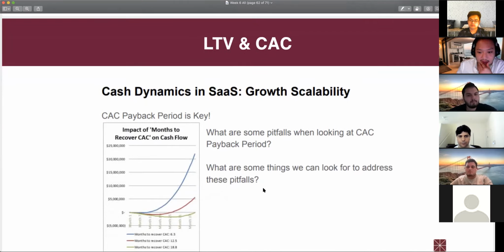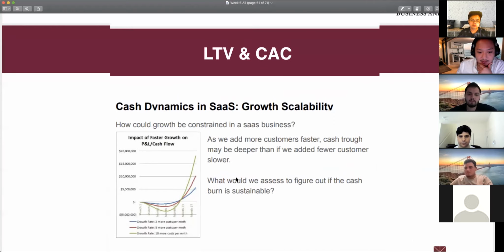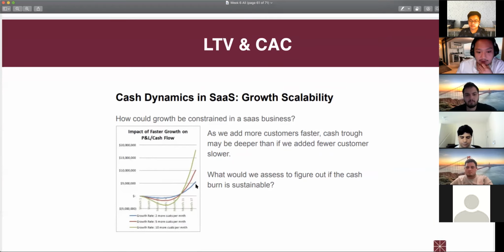At the end of the day, if you want to be able to accelerate, you want to remove any type of bottleneck so that you can add customers faster and faster, so that you're not at the lowest point. You're able to grow out of it as quickly as possible. The faster you're able to accelerate, the more you're offsetting that trough period where you're at negative cash, essentially.